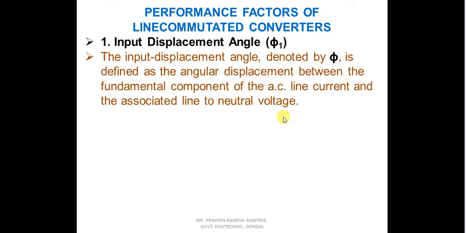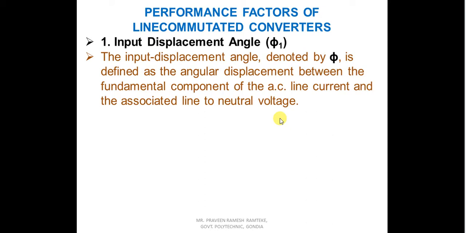It is the angular displacement between the voltage and the current of the input AC supply. In simple words, it is the phase difference between the voltage and current of the input AC supply. And that too we have considered fundamental components.